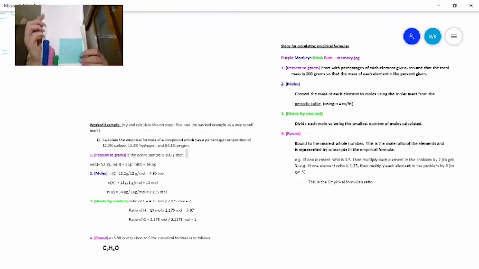The blue is the percentage of carbon, the hydrogen is green because we only had 13%, and the pink is how much oxygen we had.